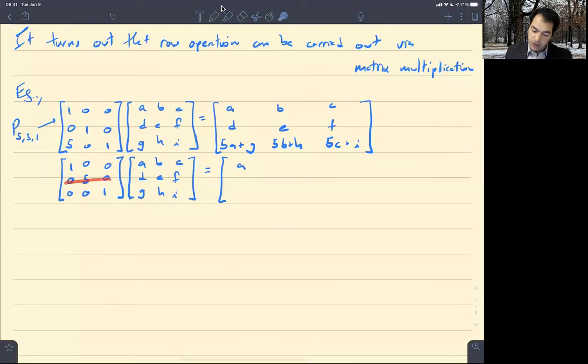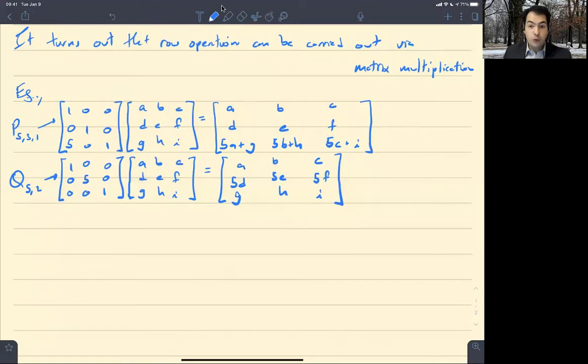To find the second one, I do this row times this column. To find the third one, I would do this row times this column, and so on throughout the matrix. And notice that indeed, the matrix we ended up with is what you end up with from this matrix by multiplying this row by 5. This gets its own catchy name. This is going to be the matrix Q52.